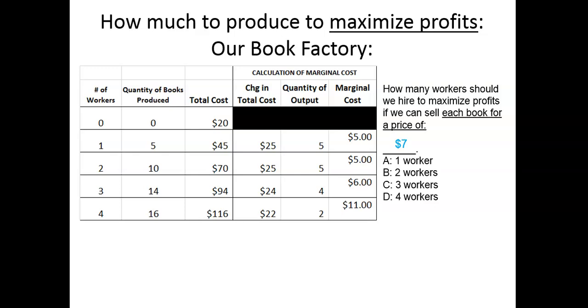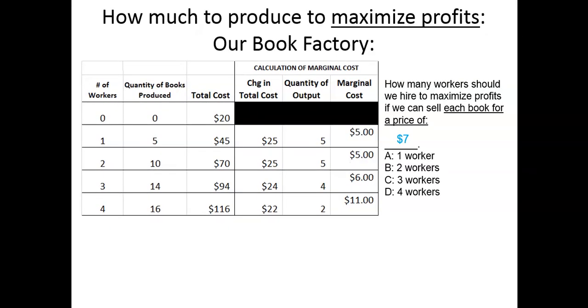Well, if that is the case, how many workers do we want to hire to maximize profit, right? That's what this is all about, and we're going to be analyzing the same kind of analysis in both chapters 12 and 13 in perfectly competitive markets and monopoly markets.